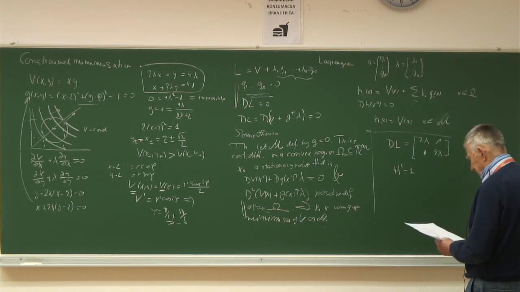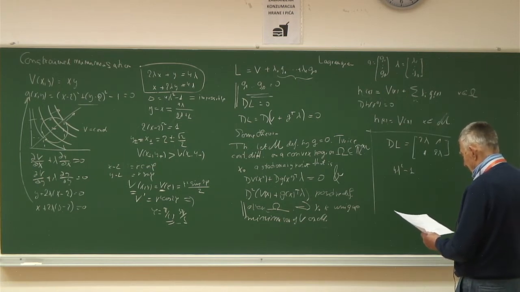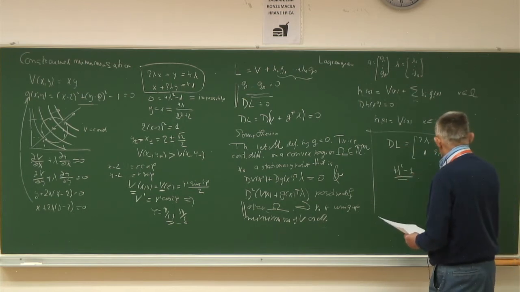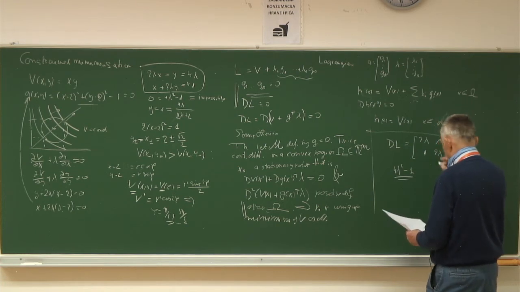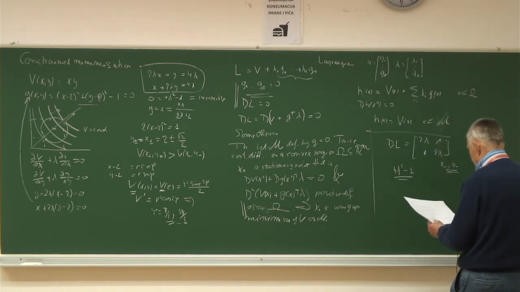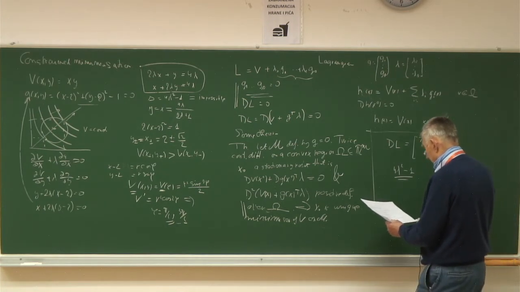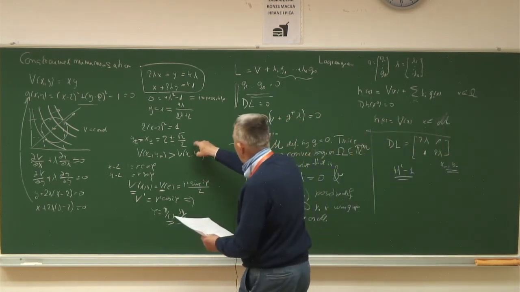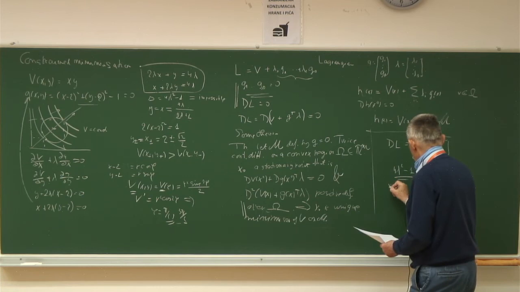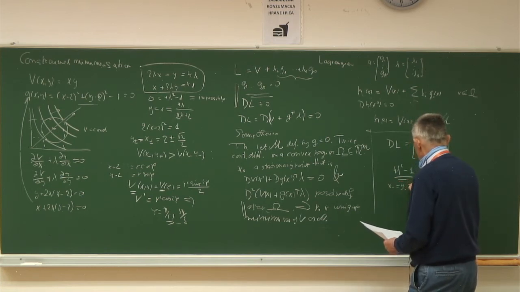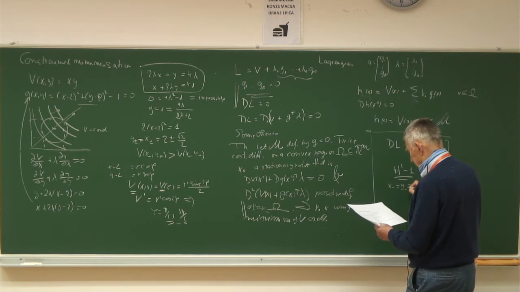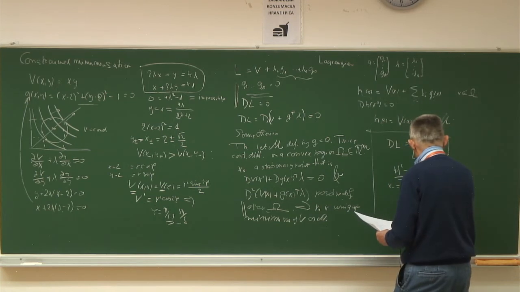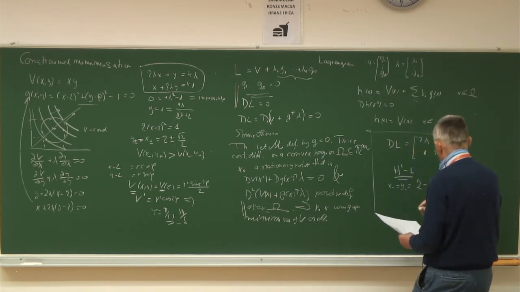And what do we have here? Let's look at x minus, y minus. What do we have there? X minus equals y minus equals 2 minus square root of 2.